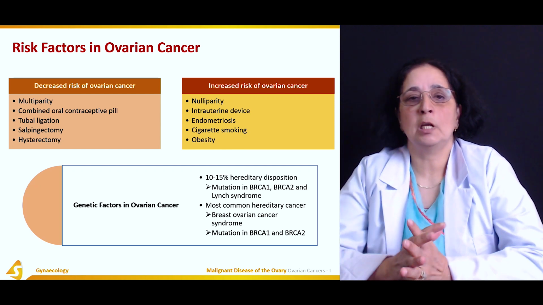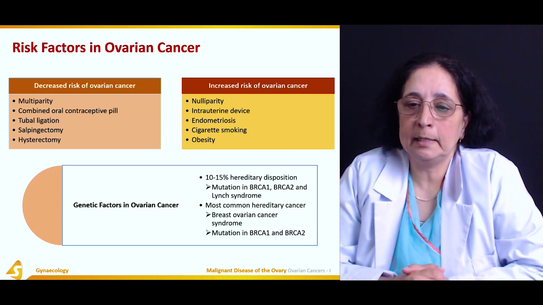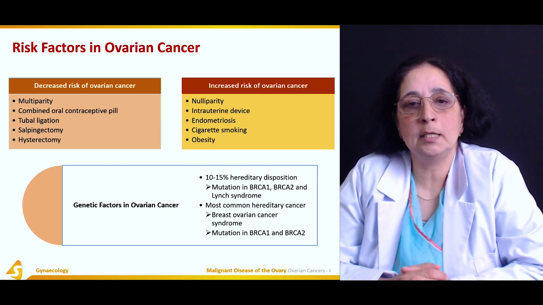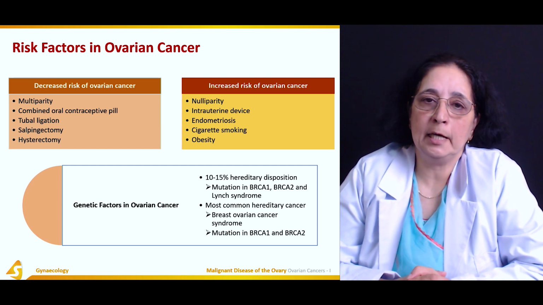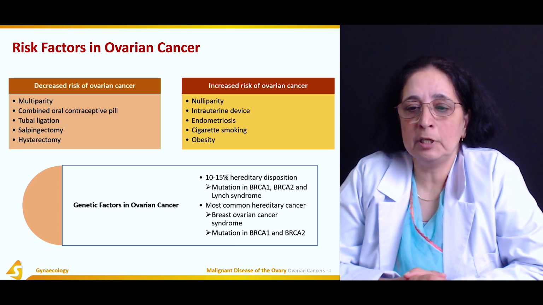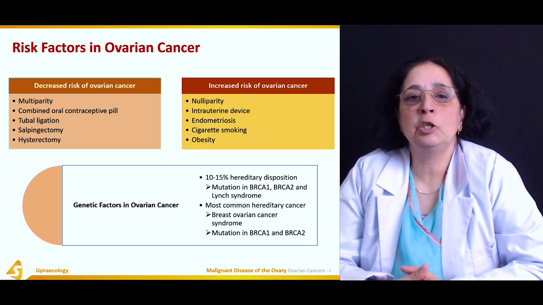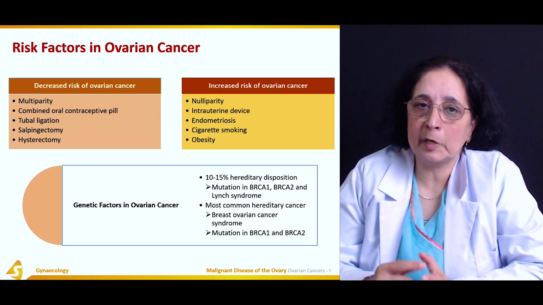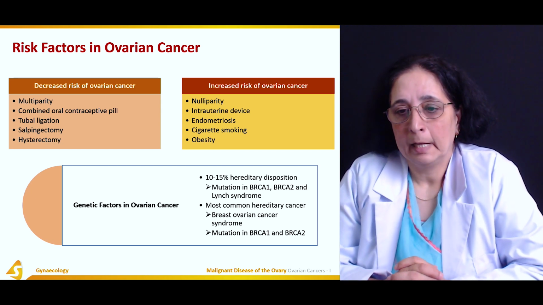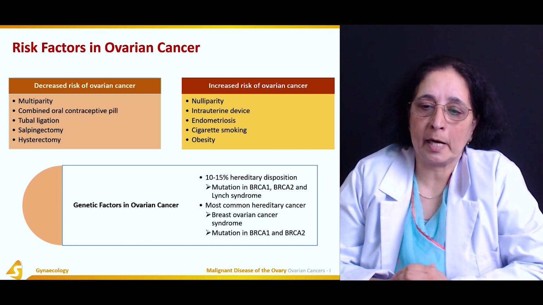Then there are also some genetic factors that lead to increased risk of ovarian cancer, which are mutations in BRCA1 and BRCA2. These are genes in which, if there is a mutation or changes occur, that can lead to ovarian cancer, especially breast-ovarian carcinoma. And Lynch syndrome is the hereditary non-polyposis colorectal carcinoma.